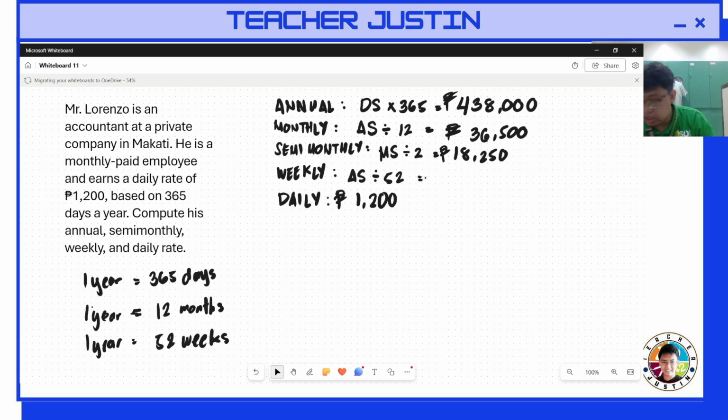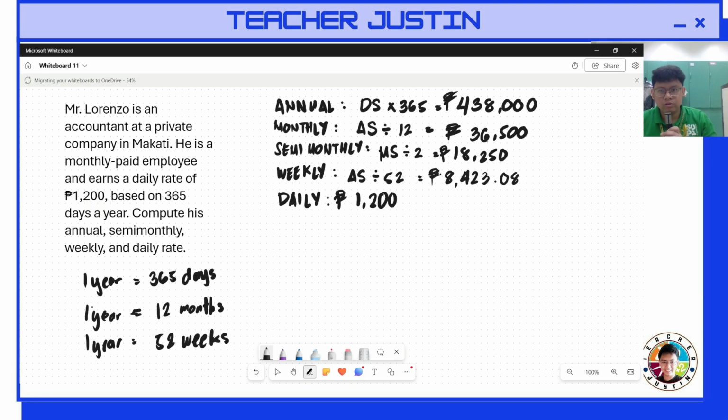So his weekly salary will be 8,423.08 pesos.